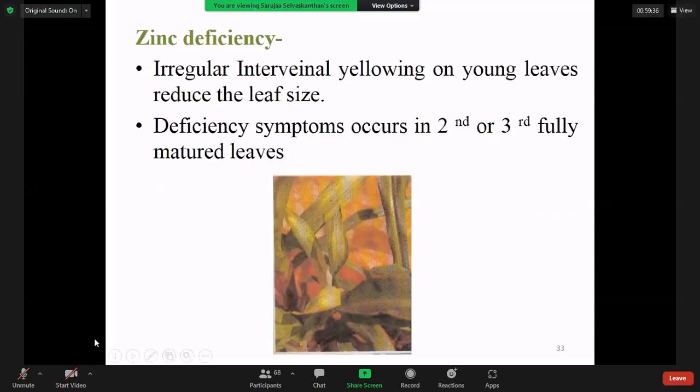In this picture, one part is yellowing, and the part between is another color. So the irregular interveinal yellowing is from zinc.